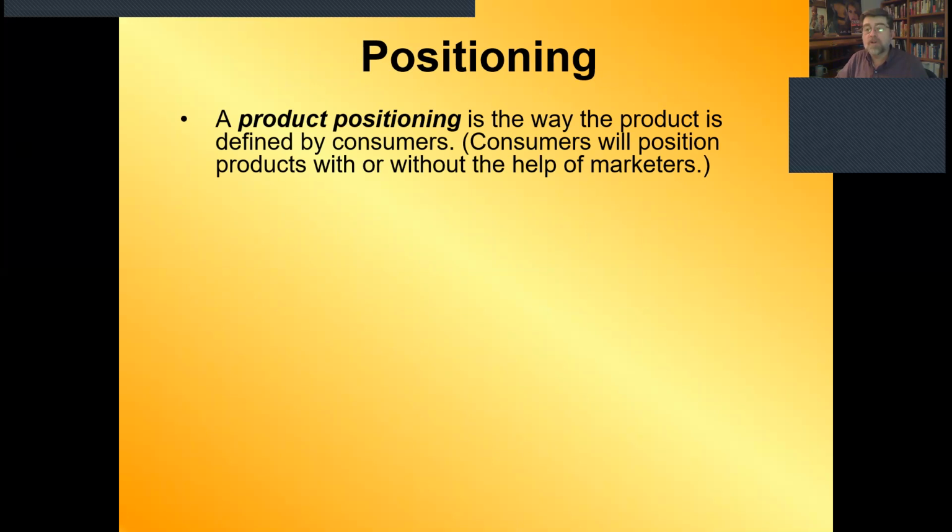And consumers will position products with or without the help of marketers. They will make their own evaluation. Now, of course, we want to help them make that evaluation. We want to advertise it and provide information, because if we don't help them, certainly our competitors will, and our competitors will not position our product in a positive light.